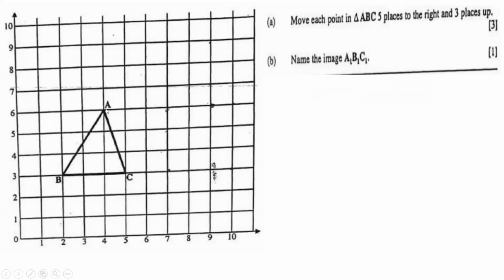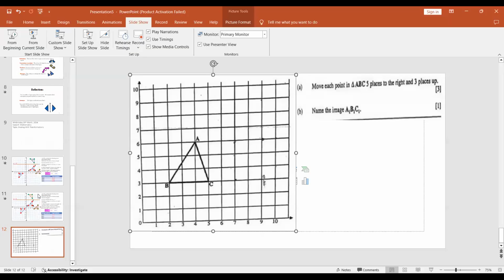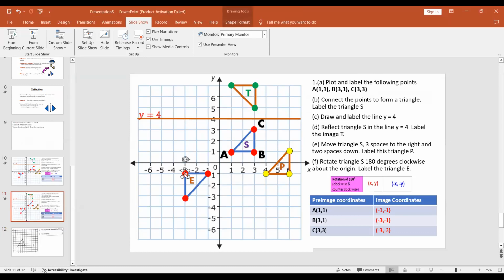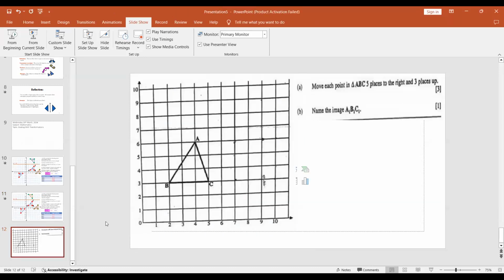So here we have this triangle, right? And what they want us to do is move the image 5 places to the right and then 3 spaces up.